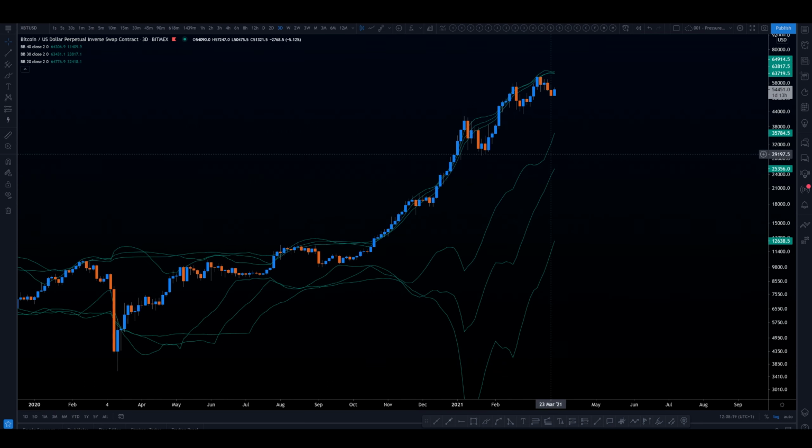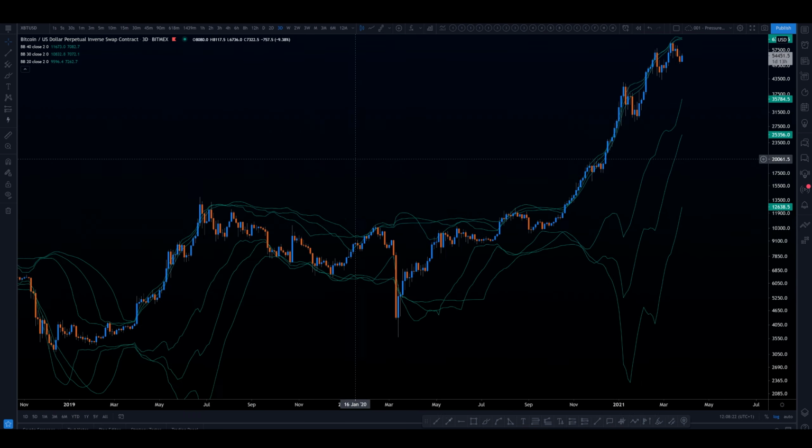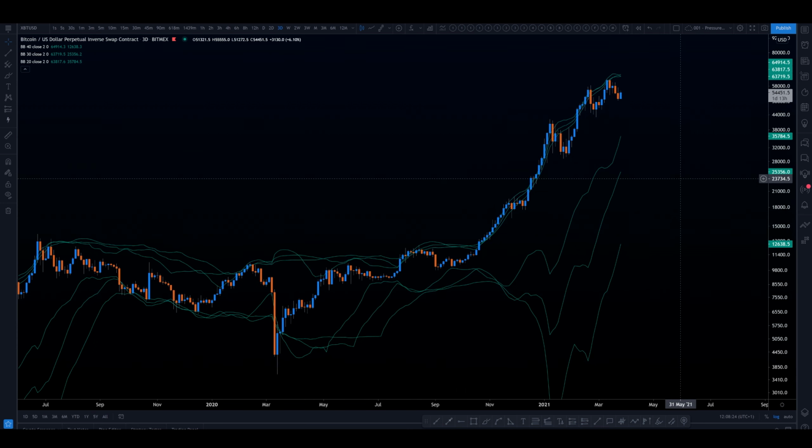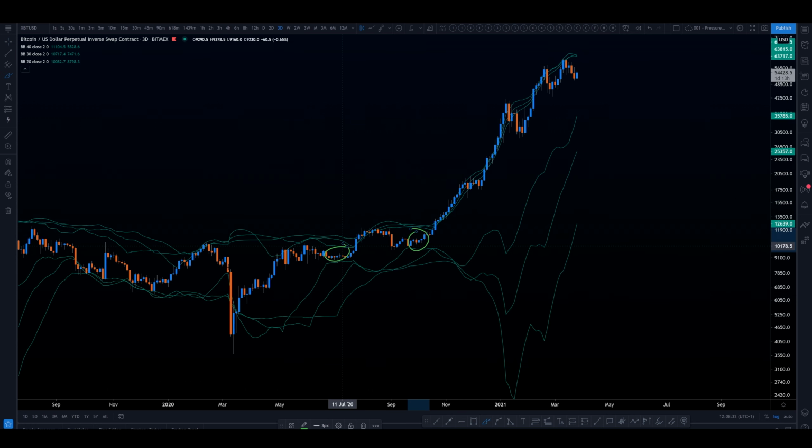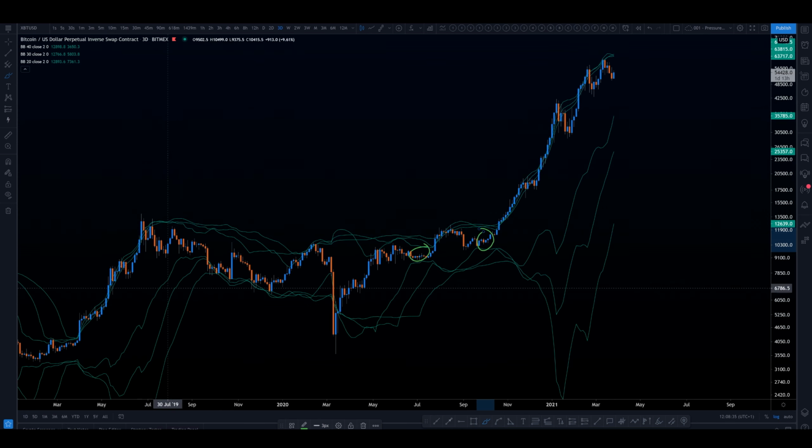Of course, there's a lot more to Bollinger Bands. You can add as many as you want. It's completely up to you to play with that. The main idea is to find zones like this, here, over here. So if you can do this, you have done your job.